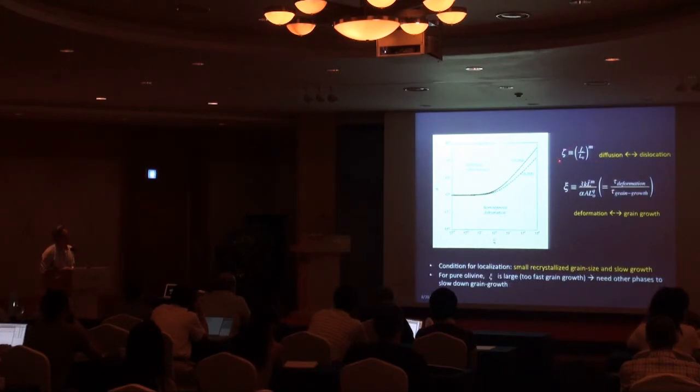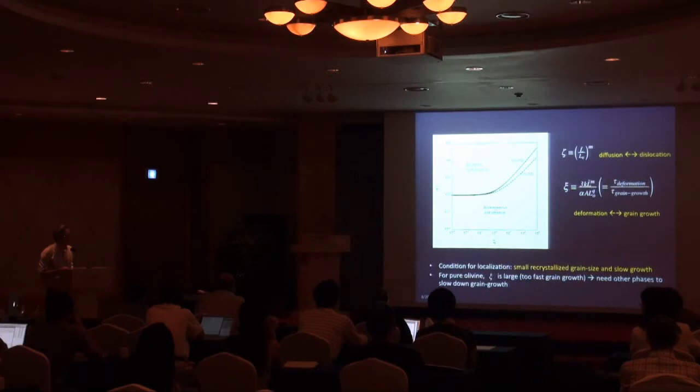I don't remember how to read this Greek letter, but theta is the diffusion versus dislocation competition parameter. Diffusion creep has to dominate in order for grain size weakening to occur. The second parameter is the deformation and grain growth competition. If grain growth is so fast, you may end up with weakening, but the weakening finishes very quickly.